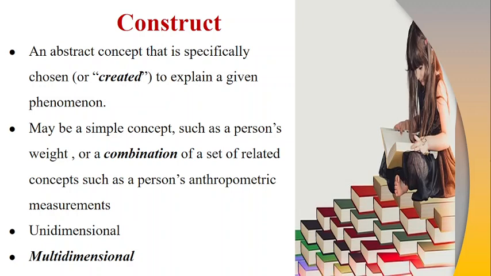So what I understand is certain concepts are unidimensional, while certain concepts are multidimensional. Multidimensional means, for example, when I say the word emotional state, that is a construct, because under that emotional state I will have other words like happy, sad, anger, jealous.